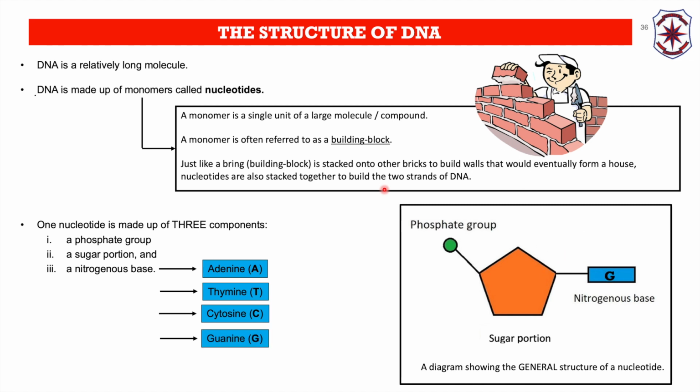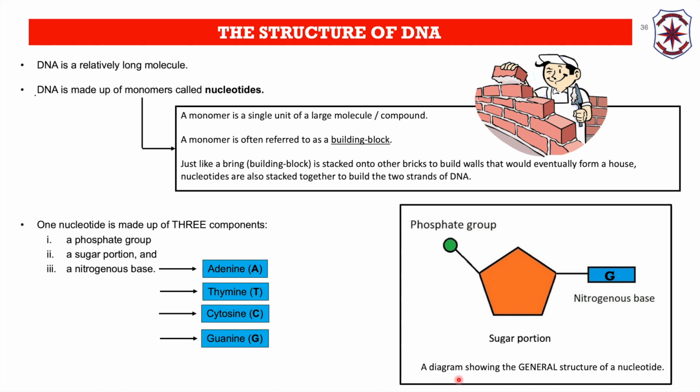Or it can have a phosphate group, a sugar portion, and guanine as a nitrogenous base. All these 4 things are nitrogenous bases. So one nucleotide can only contain one nitrogenous base. Can either be adenine, thymine, cytosine, or guanine. Those are the 4 nitrogenous bases that we get for DNA.